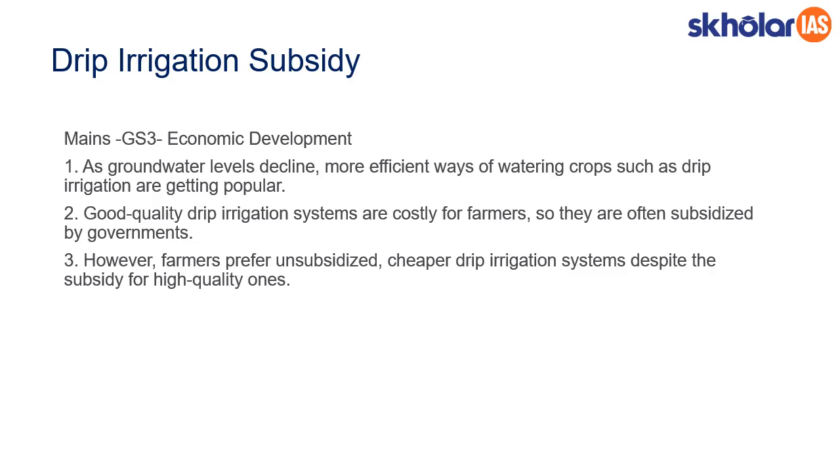In this perspective, drip irrigation becomes key. Basically, drip irrigation is very costly. As a result, farmers were dependent on the government subsidy to buy good quality drip irrigation. But of late, there have been delays in this subsidy system. As a result, farmers are opting for cheaper drip irrigation systems.